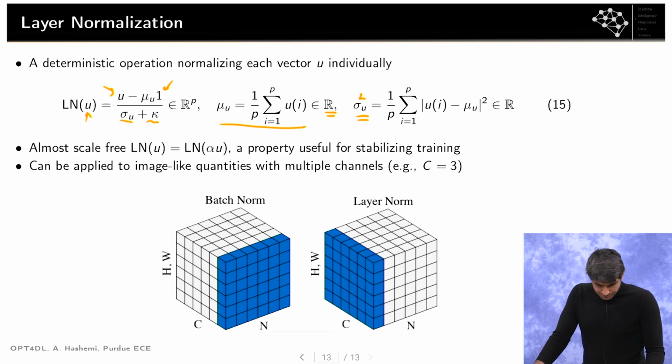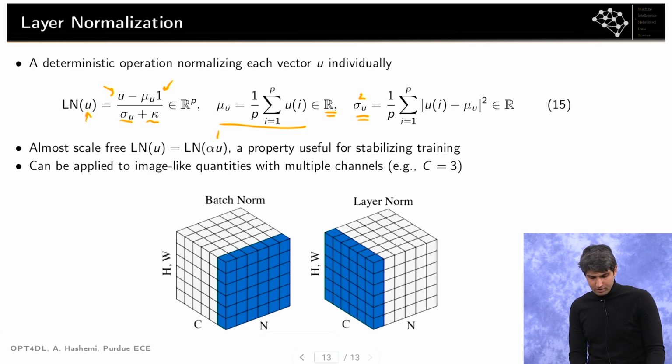Layer normalization was actually proposed to deal with some of the issues people have been facing when trying to implement batch normalization with recurrent neural networks. It also has some benefits. One benefit is that it leads to stabilizing the training because it is an almost scale-free operation.